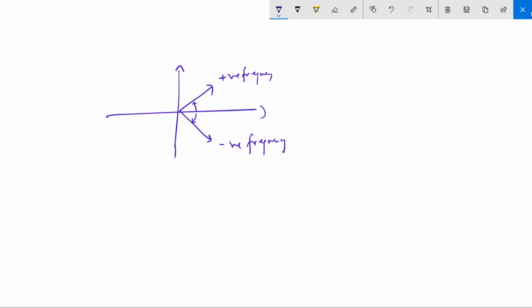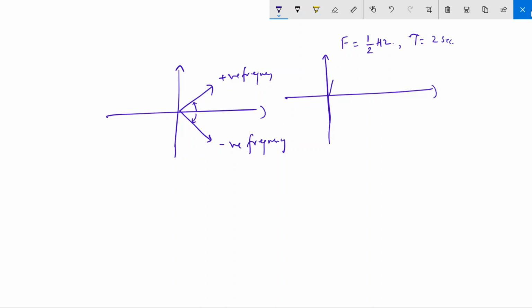in the opposite direction. What it means is that if I say I have a frequency of, suppose, 1 by 2 hertz, a positive frequency, and I plot it in the form of a sine function, my time period is 2 seconds.